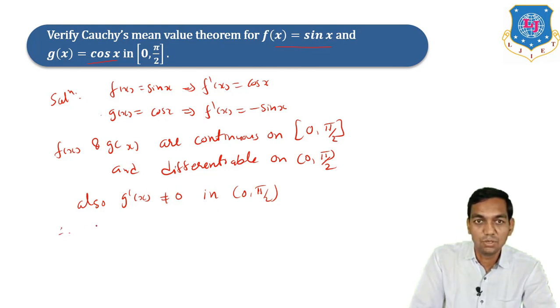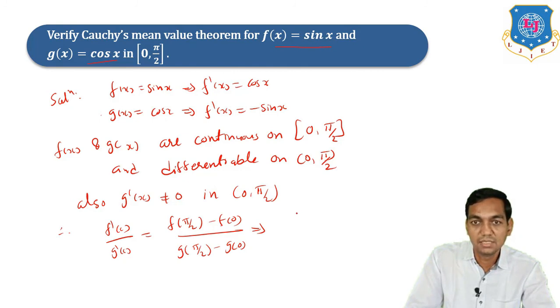And therefore, by Cauchy's theorem, f'(c)/g'(c) = (f(pi/2) - f(0))/(g(pi/2) - g(0)).